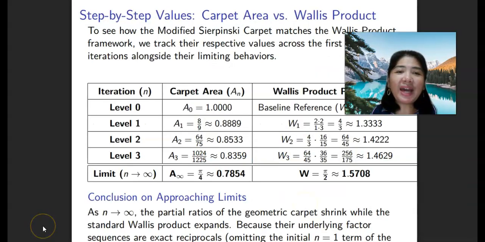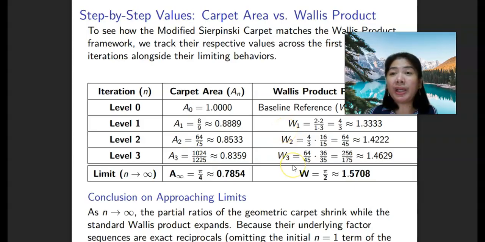So finally, we have here a comparative table tracking our values side by side across each level. As we can see here, as n or the level increases, the geometric area shrinks while the Wallis product expands. Alright, so as n approaches infinity, the area at the infinite level will be approximately equal to pi over 4, approximately 0.7854.